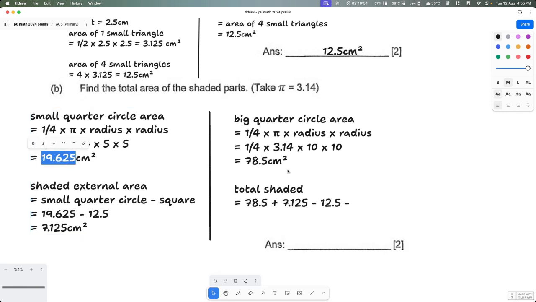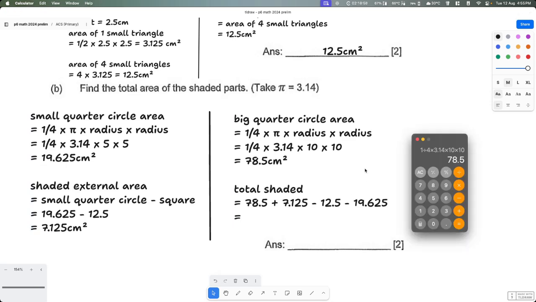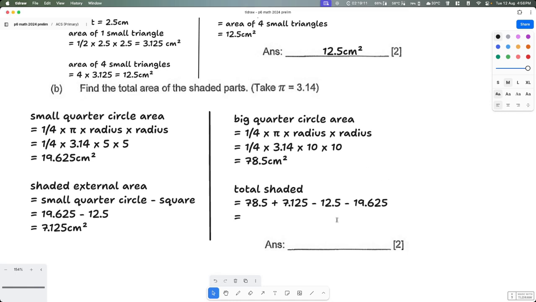Let's use our calculator: plus 7.125 minus 12.5 minus 19.625. It will give us 53.5 centimeter square.